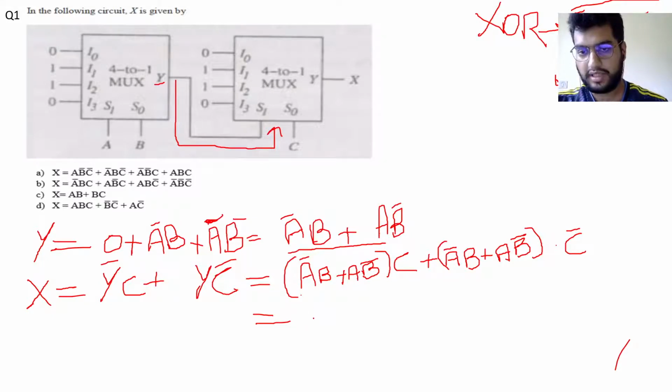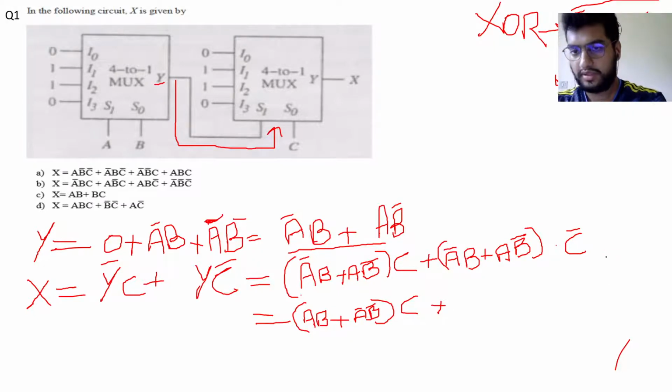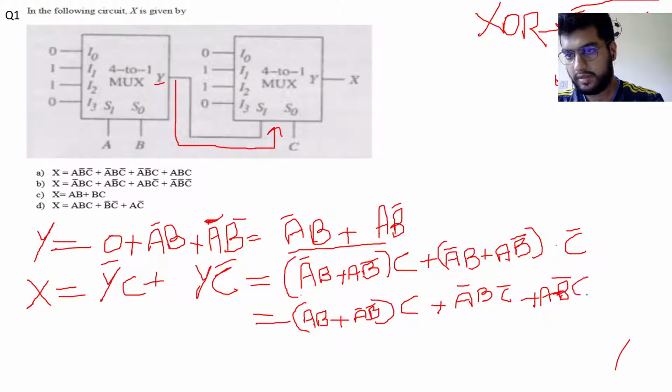So A bar B plus A B bar, the whole complement, is simply AB plus A bar B bar, and C. Let's just multiply them. So this is A bar B C bar plus A bar B bar C bar.